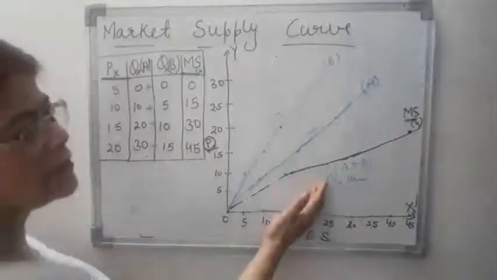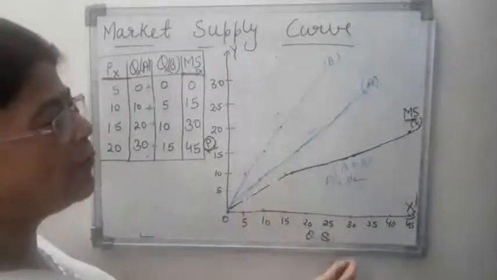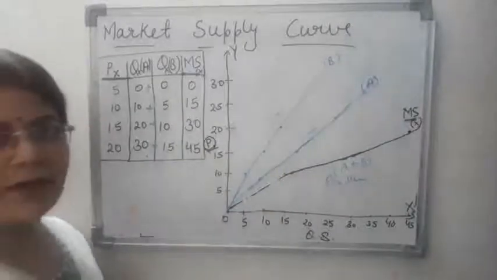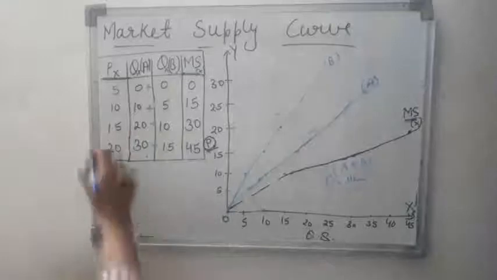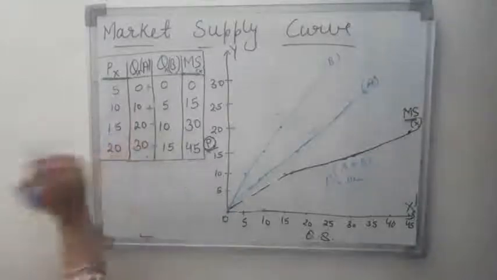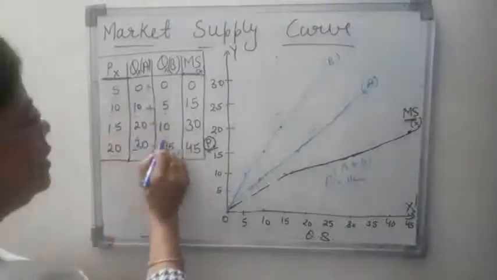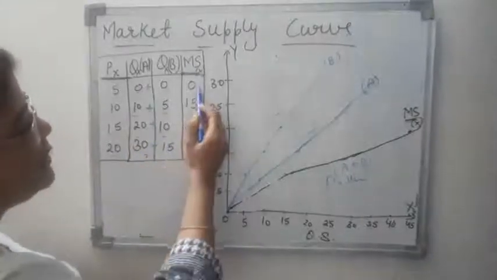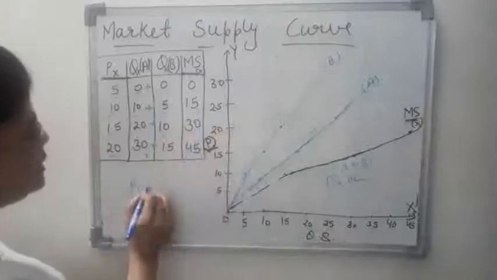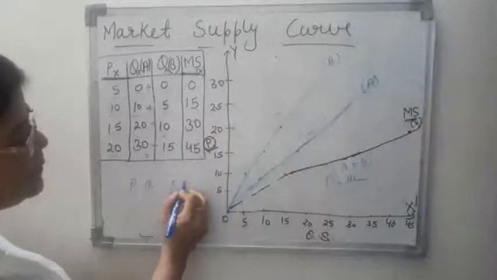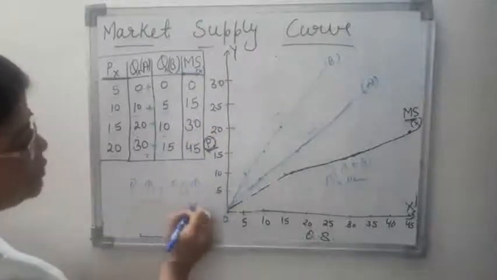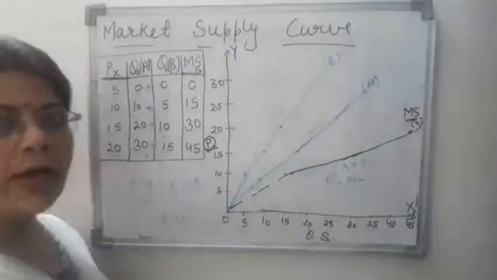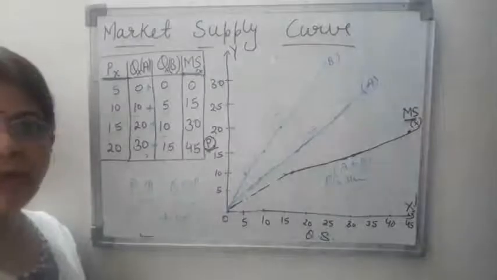Similarly, our market supply curve is also showing the positive relation between price and quantity supplied. When price increases, producers are ready to sell more commodity in the market and market supply also increases. Price increases, quantity supplied also increases. So there is a positive relation between price and quantity supplied.